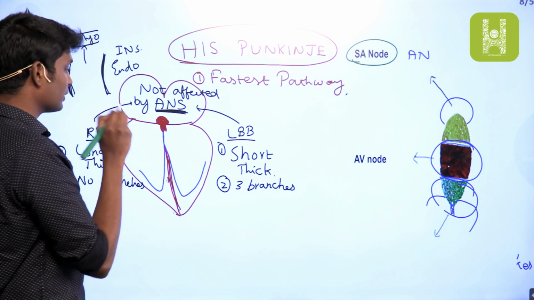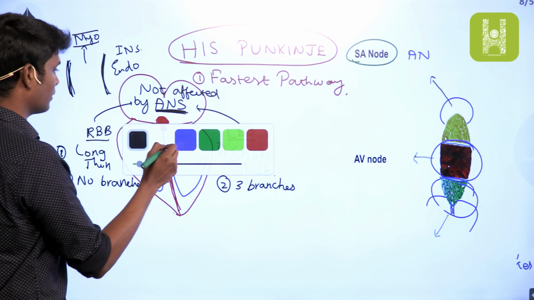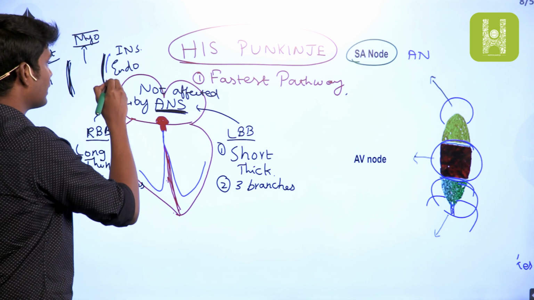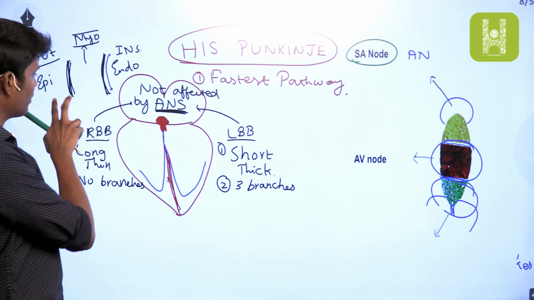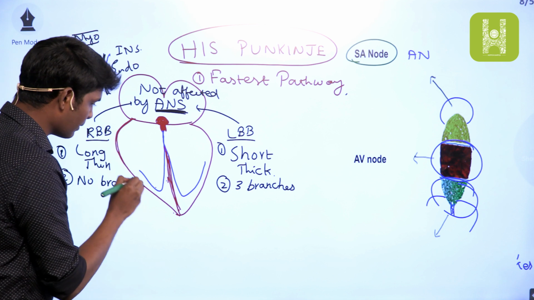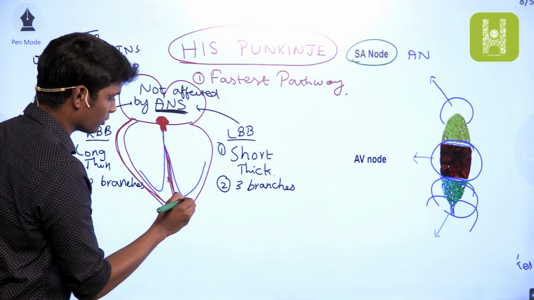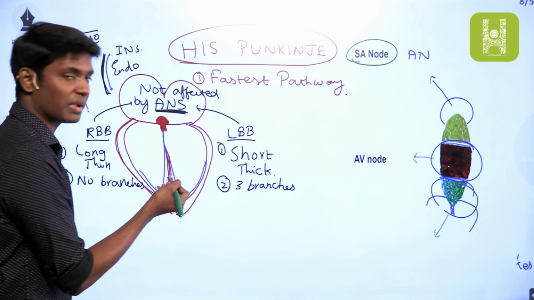Okay, so this His-Purkinje system actually courses through the endocardial region. It is very evident from this particular region itself. So this is the epicardium, this is the endocardium. Here also, this is the endocardium, this is the epicardium.